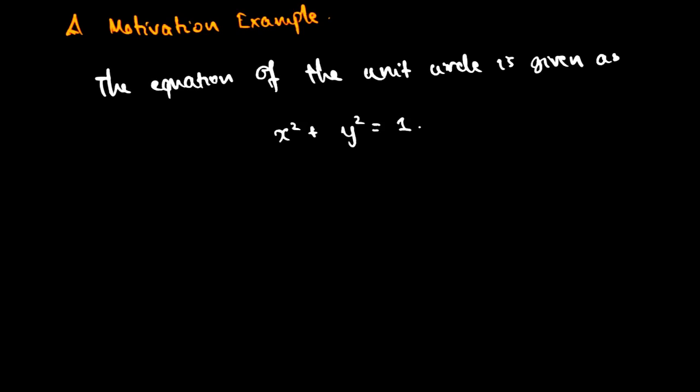And this is what you learn in pre-calculus, right? In pre-calculus, you learn about trigonometry, and they introduce to you the unit circle and also the terminal point on the unit circle.